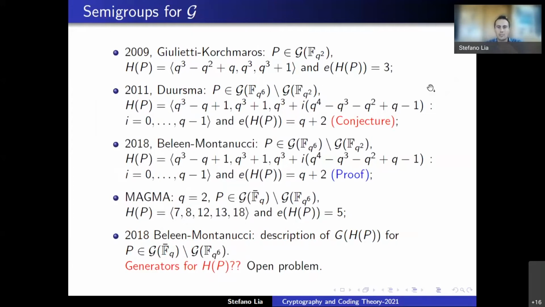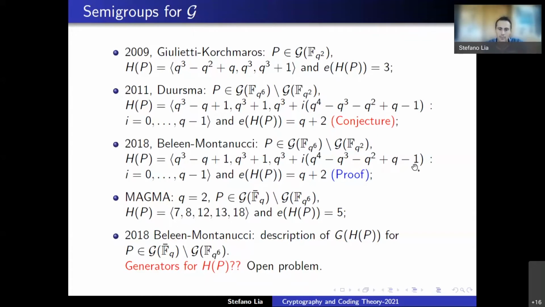In 2011, Dursma made a conjecture about the Weierstrass semigroup at points which are F_{q^6} but not F_{q^2}-rational. And in this case, we can see a linear number of generators, linear with respect to the size of the field. And the conjecture was settled by Beelen and Montanucci in 2018.